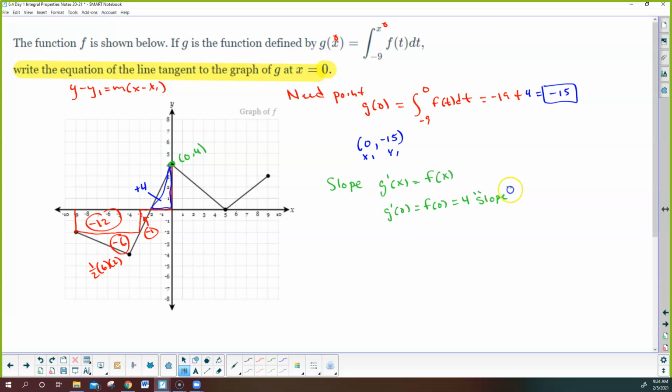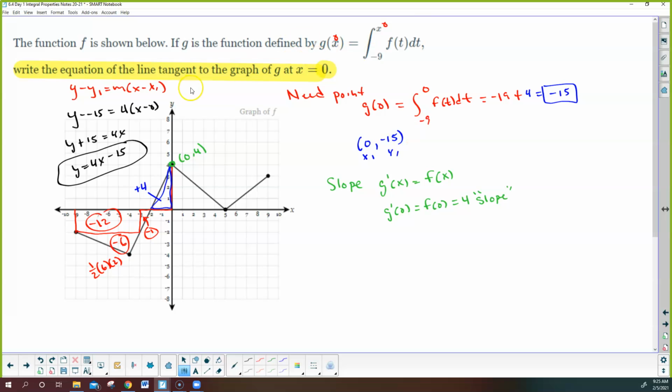So that's my slope. Right? And then the last part, if I plug in y1 is -15, my slope was 4, x was 0, you could leave it like this or solve.